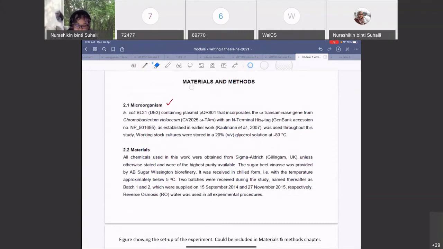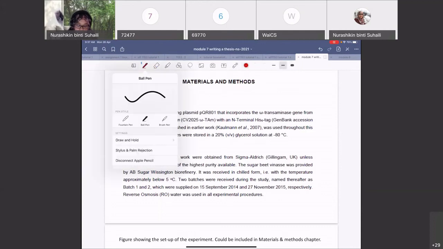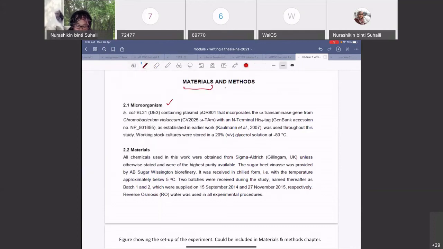This chapter is called materials and method, but it doesn't mean you should list materials first and then methods after. No, because the two are combined. For example, if you describe a certain method, you will mention the materials used, like Bradford reagent. That is the material. So don't get confused by the name of the chapter.